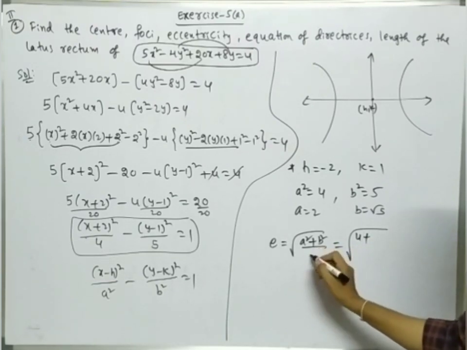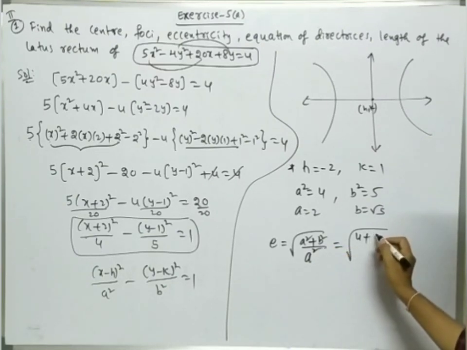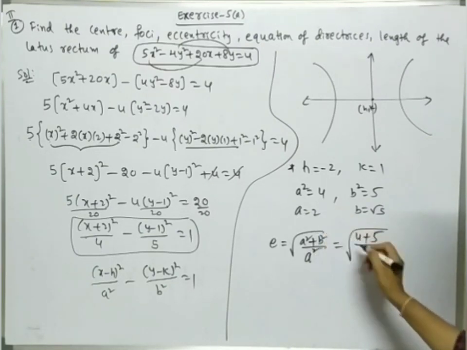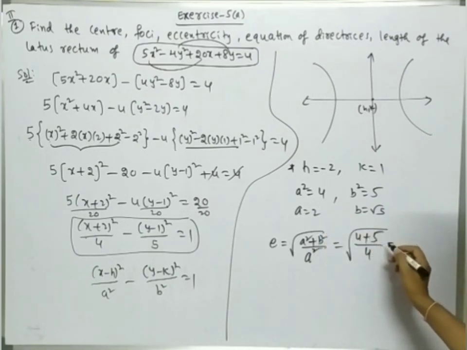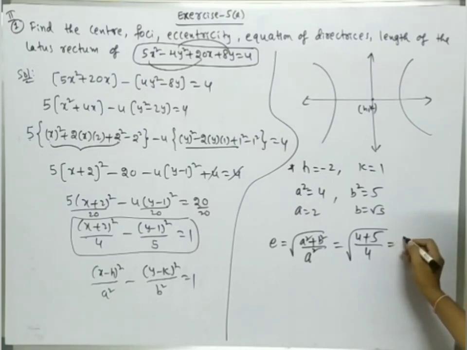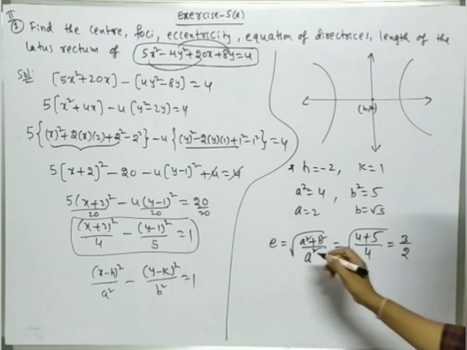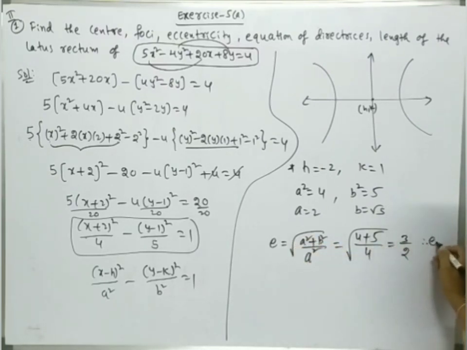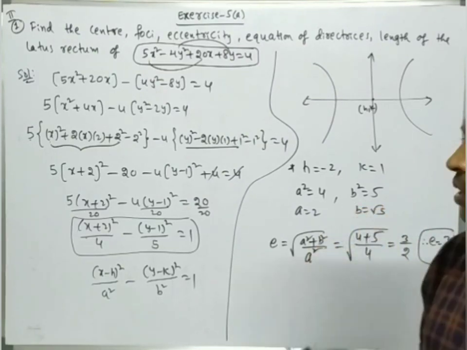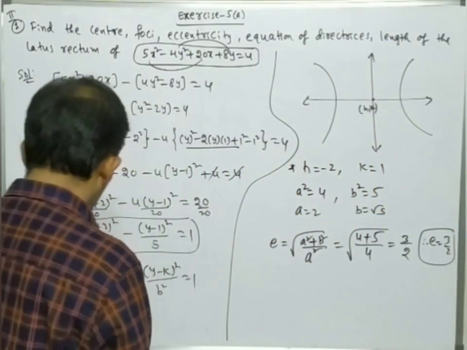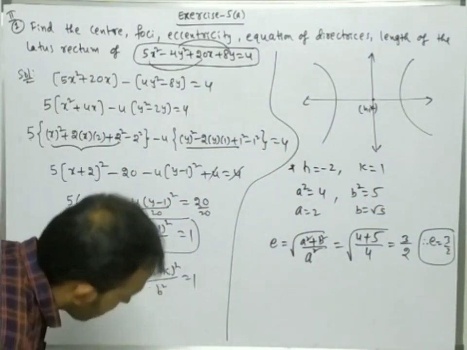Here a square is 4 plus 5, that is 9, root 9 is 3, and root of 4 is 2. Therefore the eccentricity is 3 by 2. So we got the eccentricity.